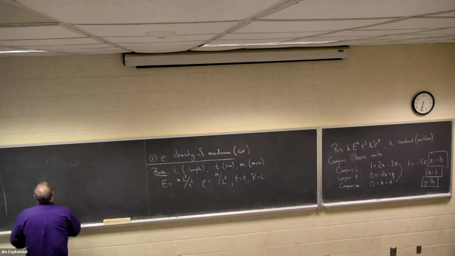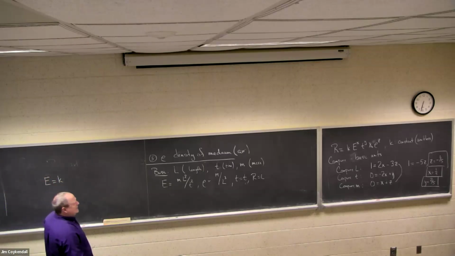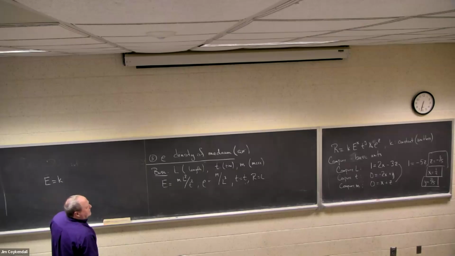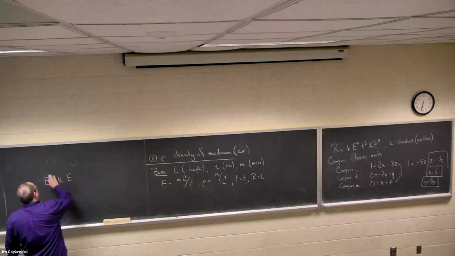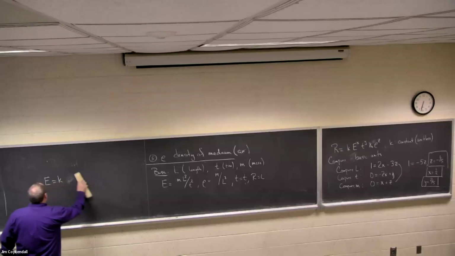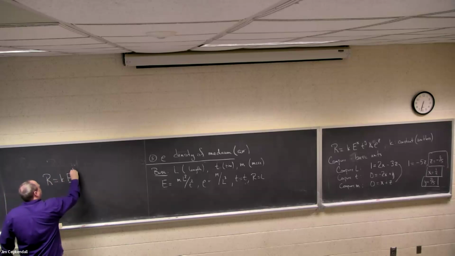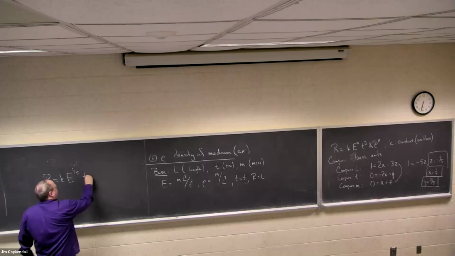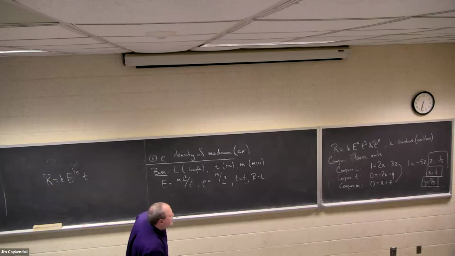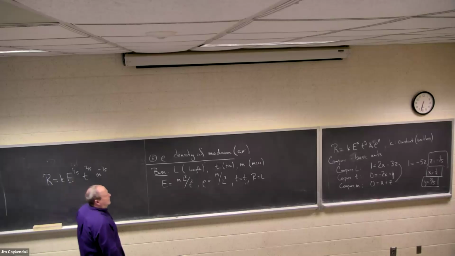What do we have? Energy is equal to K times E to the 1/5, T to the 2/5, and rho to the -1/5, if I remember right.